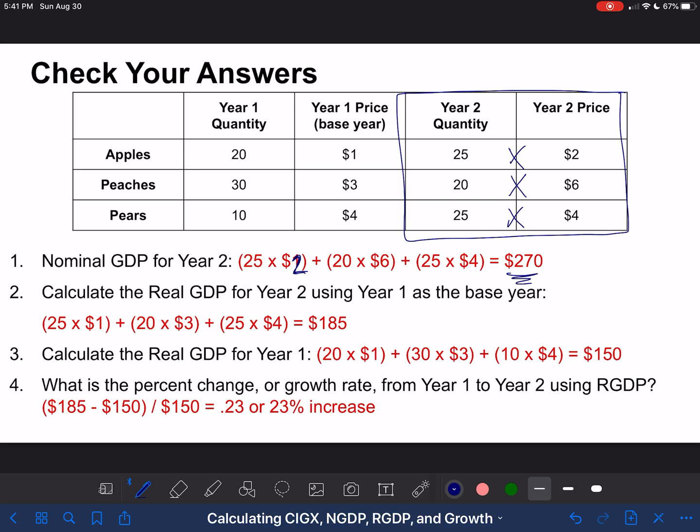Calculate the real GDP for year 2 using year 1 as the base year. So we're using our year 1 base year price times our year 2 quantity. So it's 25 times 1, 20 times 3, 25 times 4 gives us 185. And then calculate the real GDP for year 1.